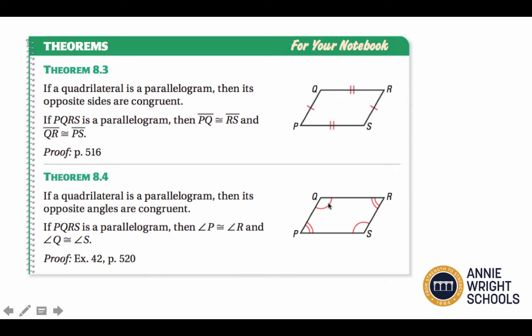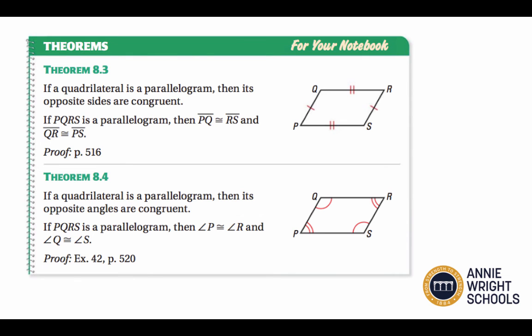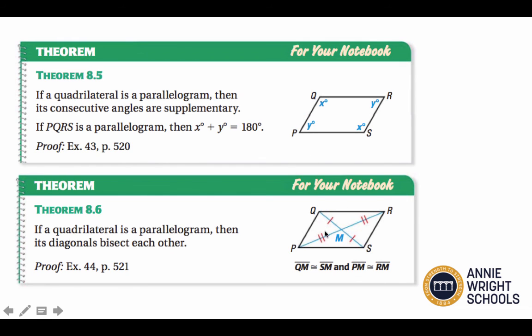Don't forget if parallel, AIA or CIA supplementary, because I think that one is all you need to prove these. And then lastly, introduce these two diagonals and use anything that you've proven before. So you may know that opposite sides are congruent, and then here you may know some vertical angles. You may have this big triangle and then look at this triangle and go, I've got this angle congruent to this angle, I've got a shared side, I've got some things to look at there.